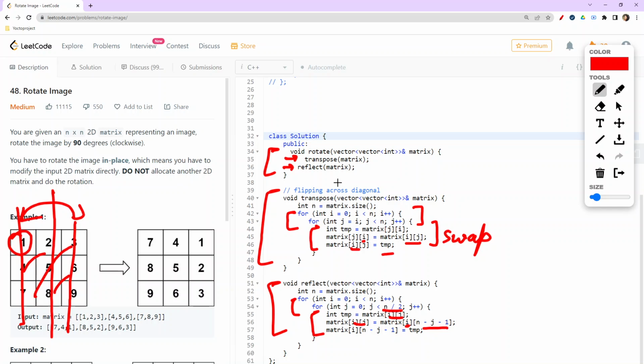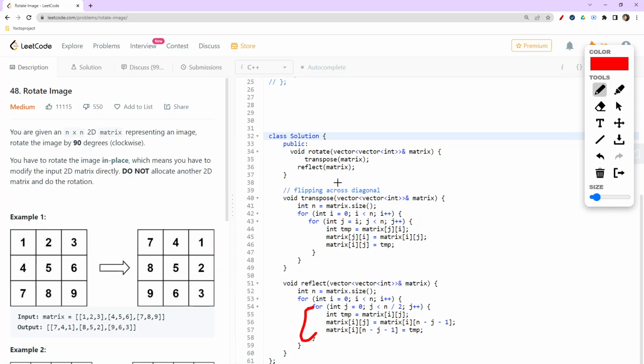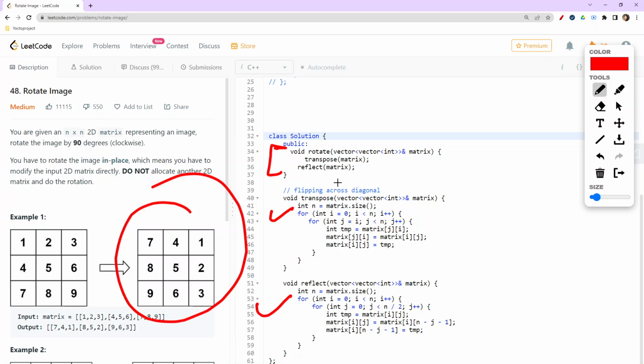The last row is basically n minus whatsoever j value there would be, we subtract that one. And why we are doing minus 1 is because this is starting from 0, right? That's how our last one would be there, flipping across the middle one. So like this only, first by doing transposition, then by doing reflection, we will be able to get our answer.